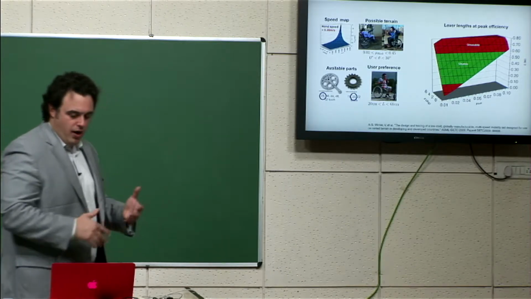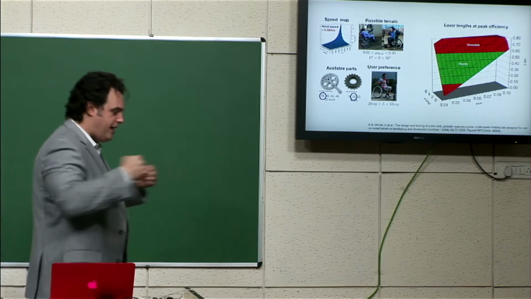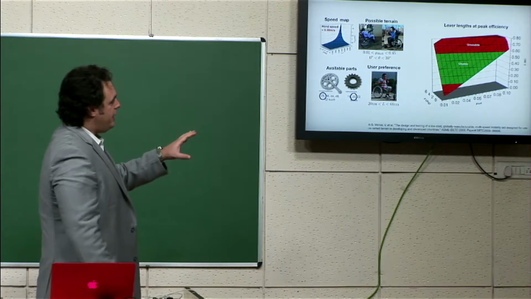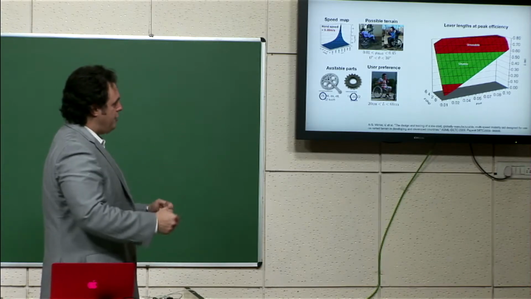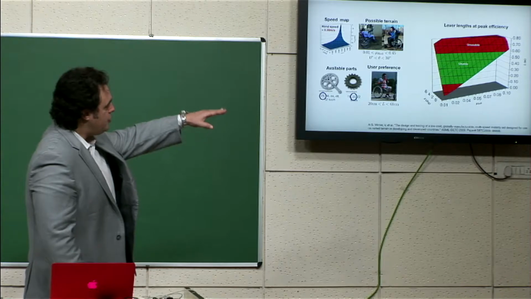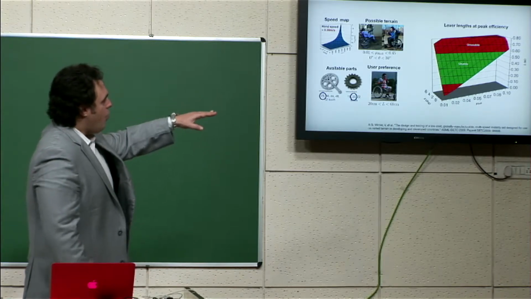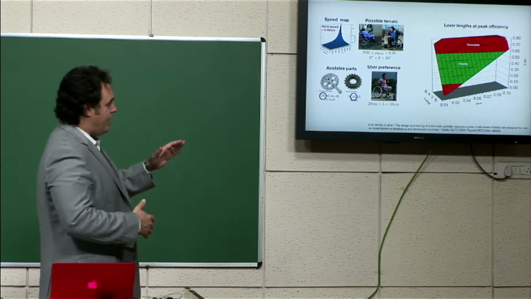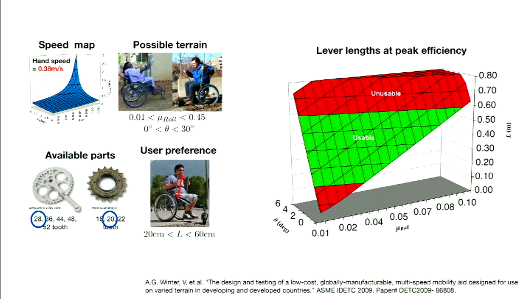What we were looking at here is, at our peak efficiency, we were producing less torque, but I was able to calculate that if we change our lever range from about 20 centimeters to 60 centimeters, we could match the torque being imposed by the terrain of climbing angle and rolling resistance. Air resistance at these speeds is negligible. And I was able to calculate in that green band that a lever range of 20 to 60 centimeters would allow us to operate at our peak efficiency in common driving situations.